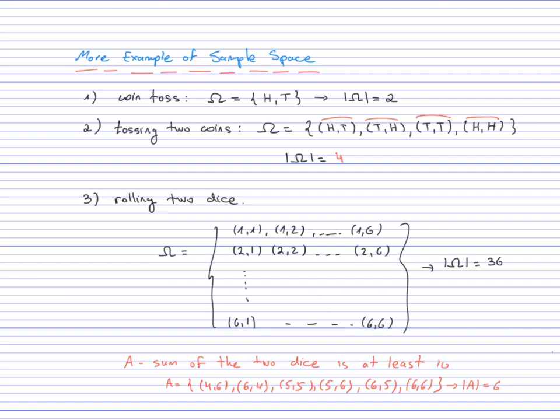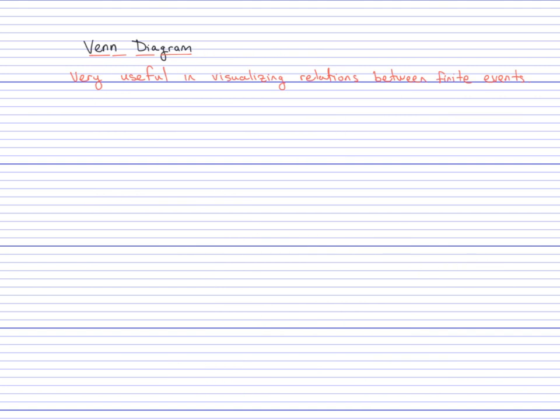Now we are going to talk about the Venn diagram. Okay, so what is a Venn diagram? A Venn diagram in general is very useful in visualizing relations between finite events. And in the Venn diagrams, there are two objects. Let me just show you an example.